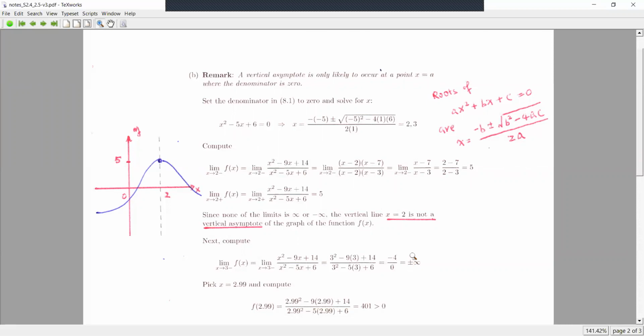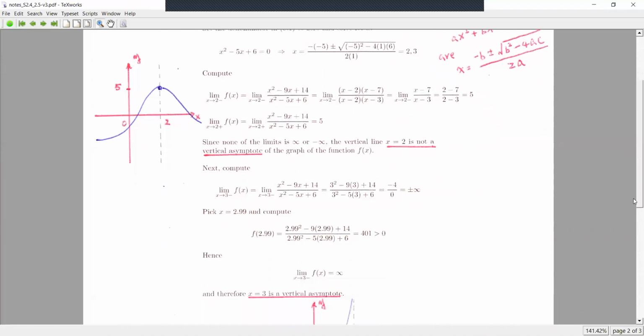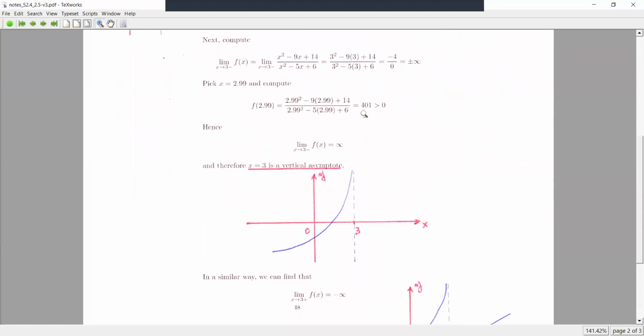To determine positive or negative, we pick a point very close to 3, but on the left side. Say, pick 2.99 and evaluate the function value at 2.99. Then we get that the function value is positive. So when x is close to 3 on the left side, the function value is positive.